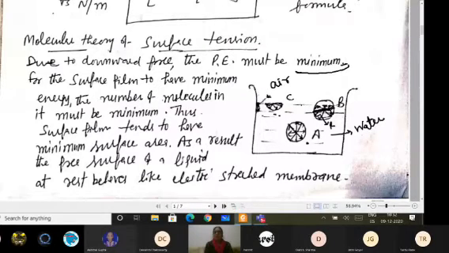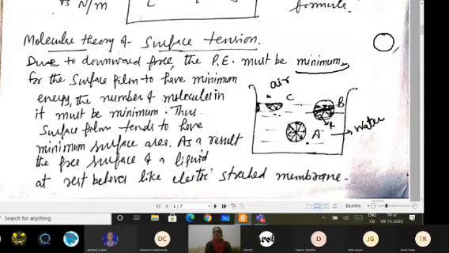And because it is behaving like a stretched elastic membrane, this property we are calling the surface tension. And it is simply behaving to have the potential energy minimum. And the same can be the reason if it is asked as a conceptual problem that why the raindrops are spherical. Because a spherical surface is having the minimum surface area.